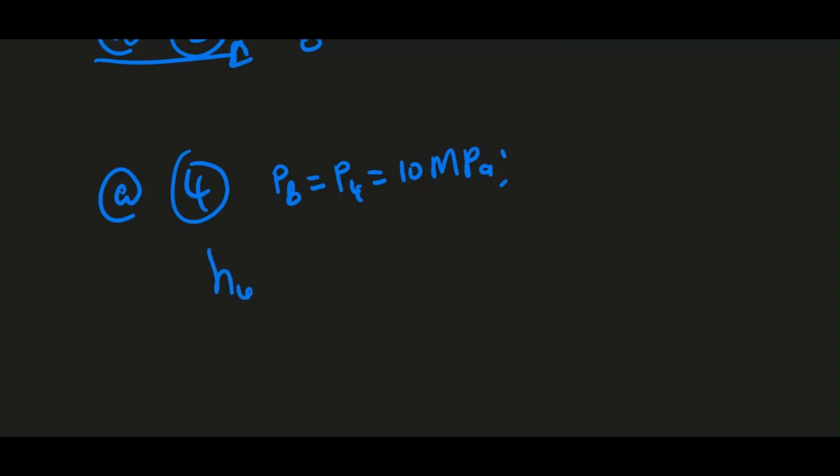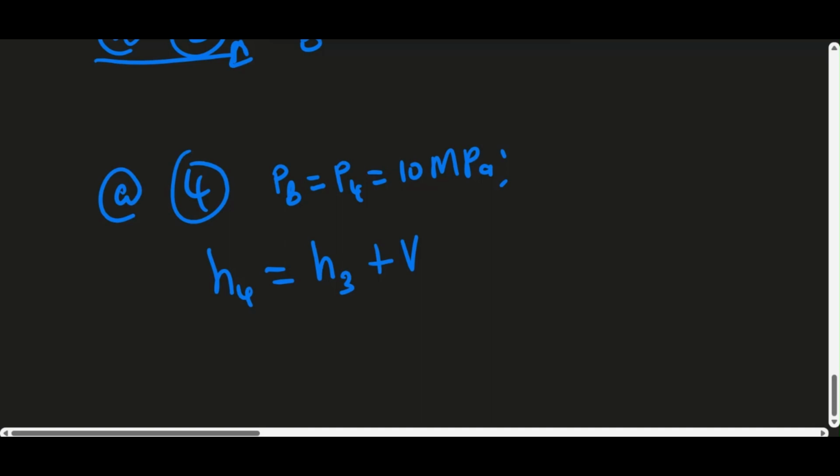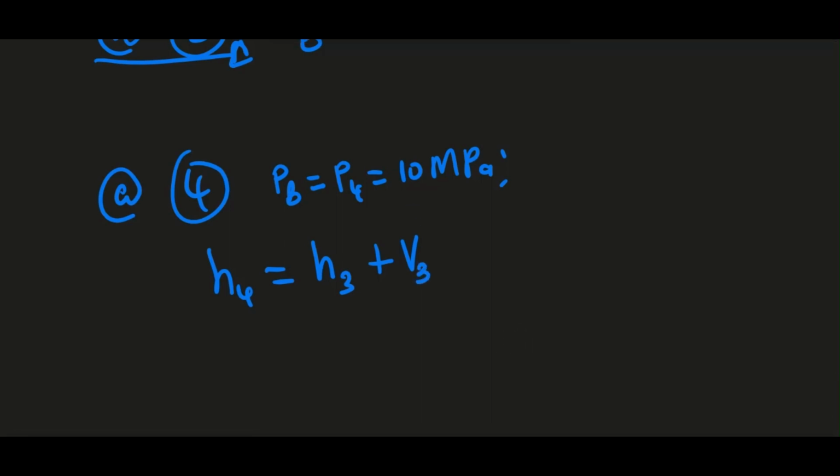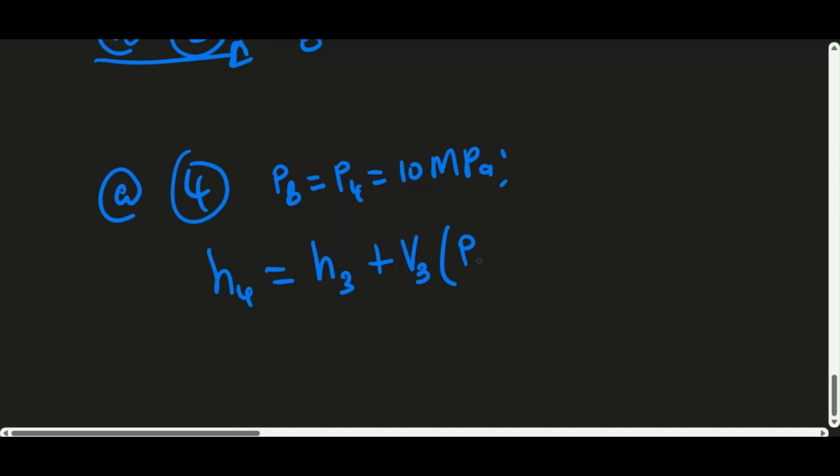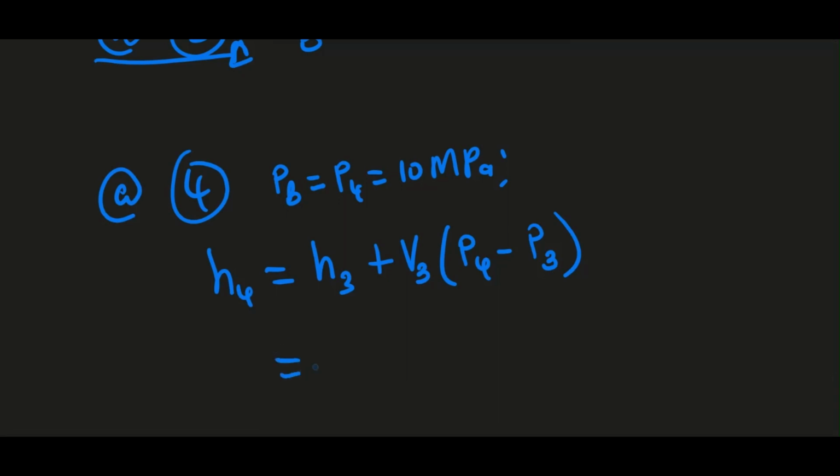So I would say enthalpy at state 4 is equal to enthalpy at state 3 plus V3, need to get V3, multiplied by P4 minus P3. Okay, we have H3.